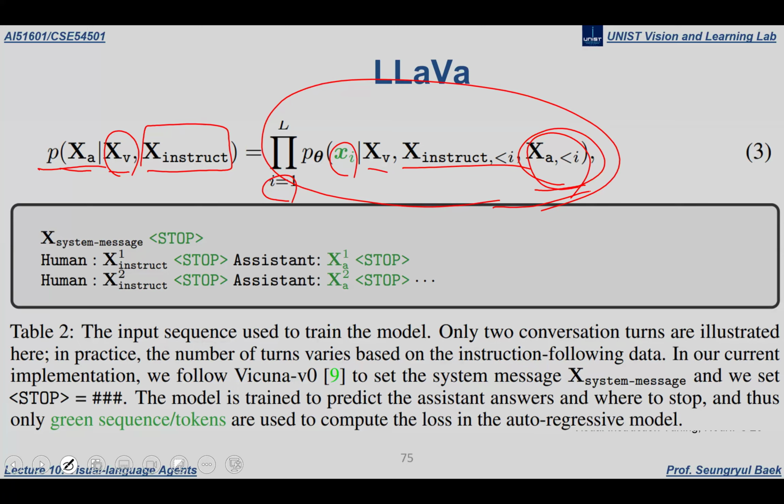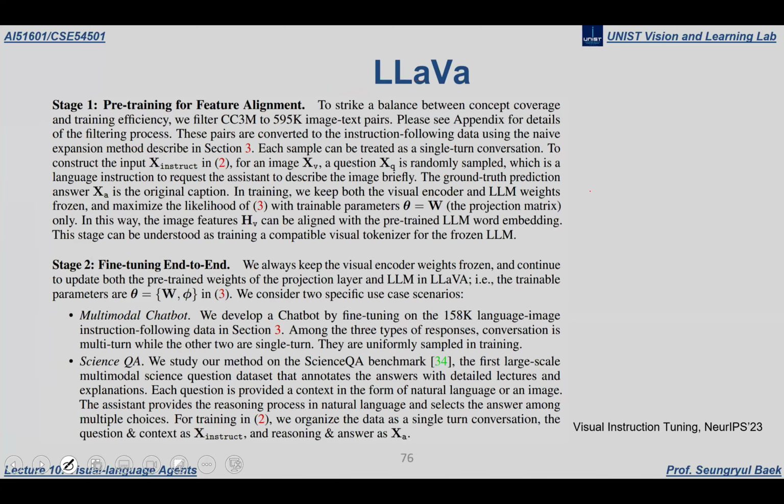And LLaVA is also trained via two stages. At the first stage, they are training only the visual part, the trainable parameters only.